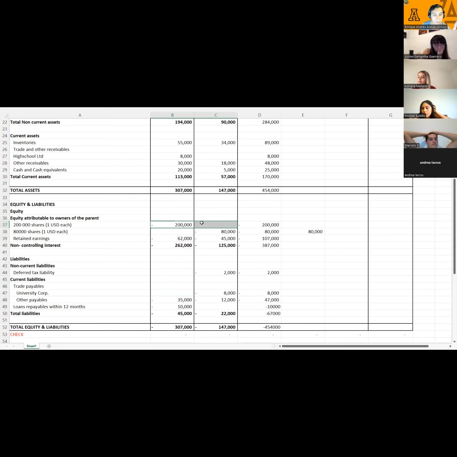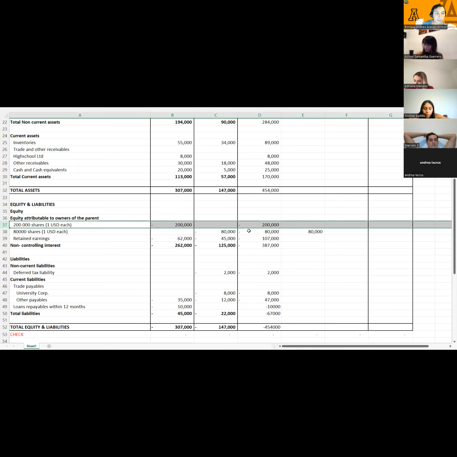And the first question was, do we have to touch the equity section from the parent? No, we don't. That is the amount that we provided for equity for the parent since the beginning of the parent, okay?